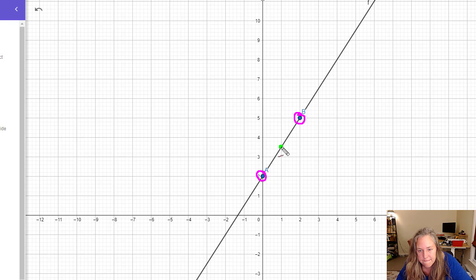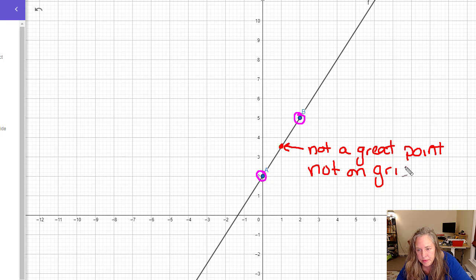This point is not great, because it's not right on the grid, so it's hard to read. So these 2 points that I have circled in pink, they're right on the grid.